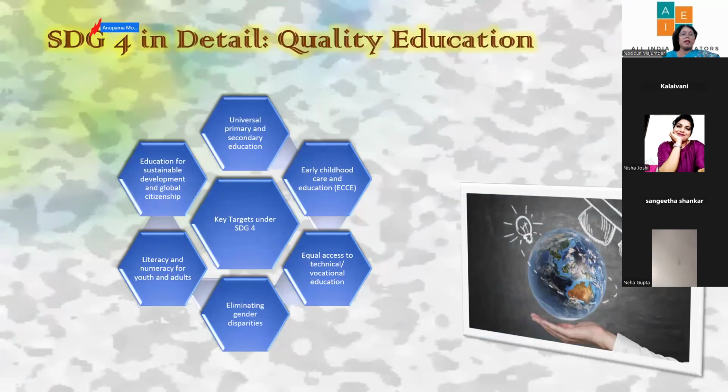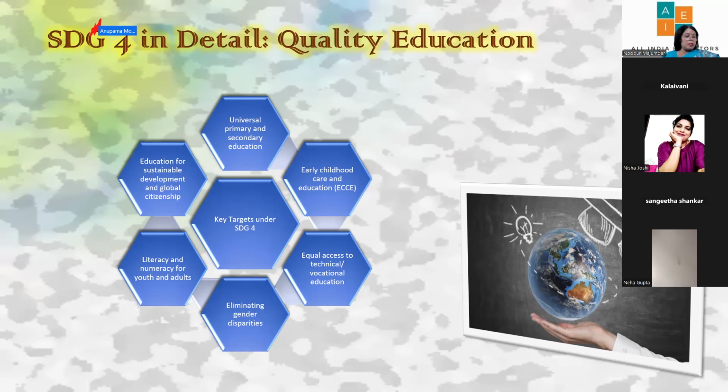Now, moving ahead, key targets of SDG 4 in detail, quality education. Universal primary and secondary education. The target is that every child, whether a girl child or a boy child, completes free, equitable, and quality education at primary as well as secondary level.